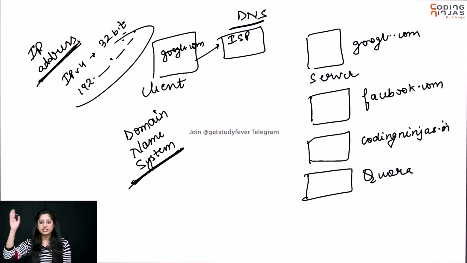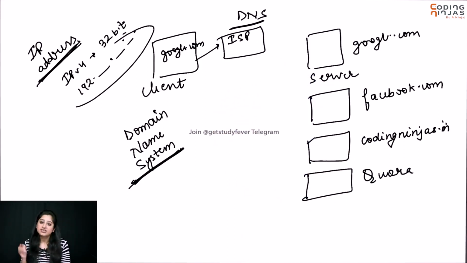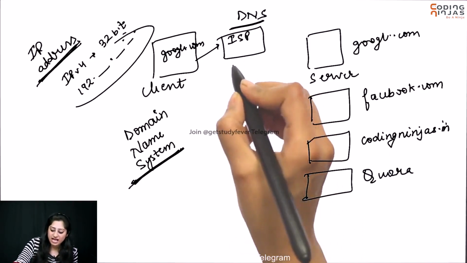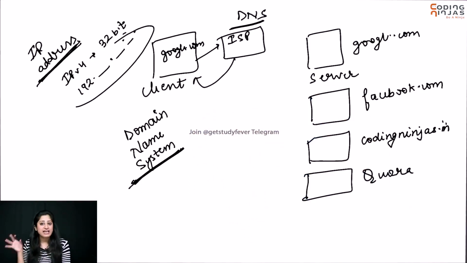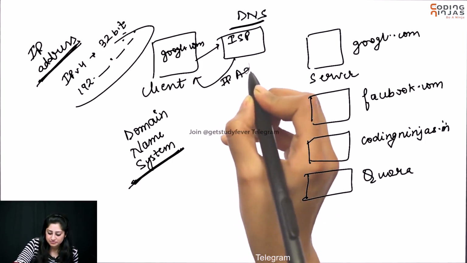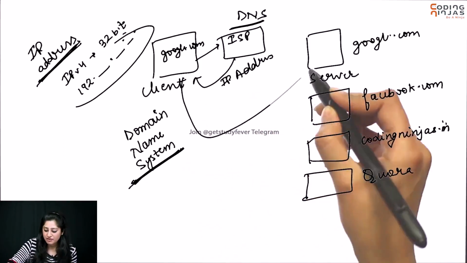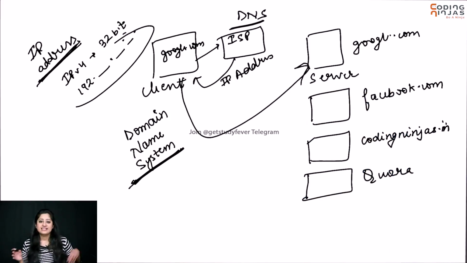It will ask your ISP, this is the domain name and I want the IP address for this domain name. The ISP will conduct a DNS search, a domain name search, to get me the desired IP address, and returns the relevant IP address. Now that I have this IP address, I can straight away contact the server and establish a connection with the Google server for further communication.